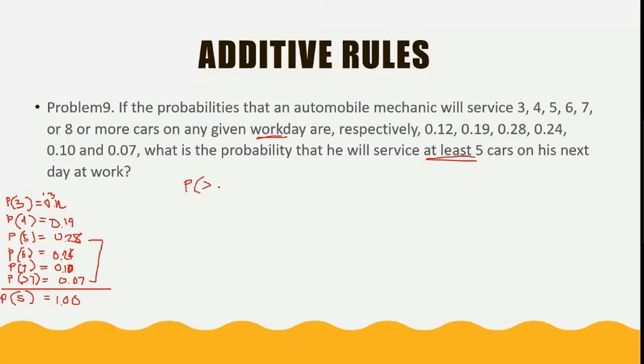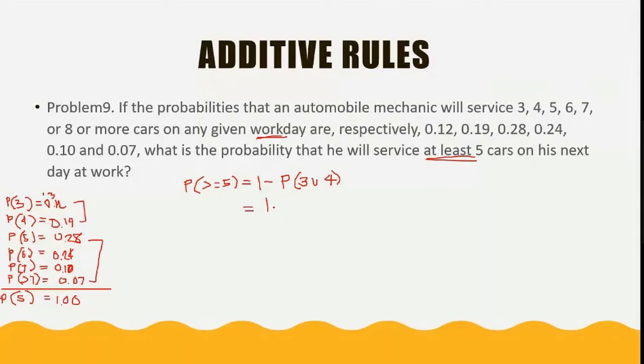If we get the probability of getting at least 5, greater than or equal to 5, we can just say 1 minus the probability of getting 3 and 4, since these two are not included.